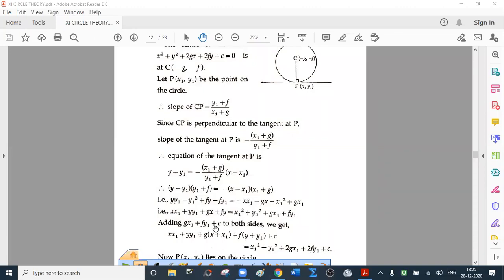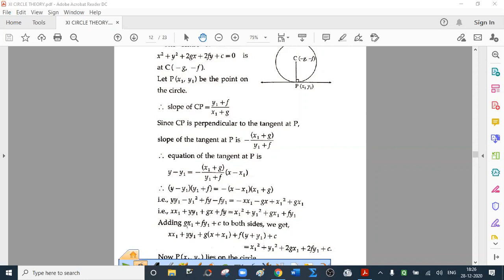Now this step is interesting and important. Add gx1 plus fy1 plus c to both sides. Now you may ask me, sir, why? Because we get an equation in simple form and the logic T equal to 0 works here. That is why. So if you add gx1 plus fy1 plus c to both sides, you get what? xx1 plus yy1. Now gx is already there.